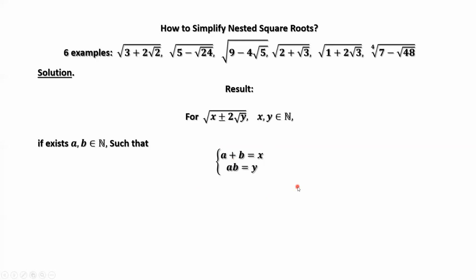Then we have the following result. We can simplify the given nested square roots as absolute value of square root of a plus minus square root of b. If here's plus, here we use plus. Here's minus, we use minus. This is the result we are going to use to solve those questions.